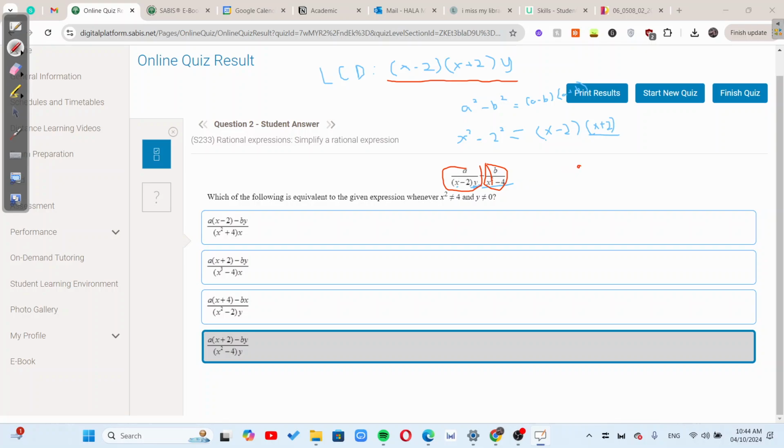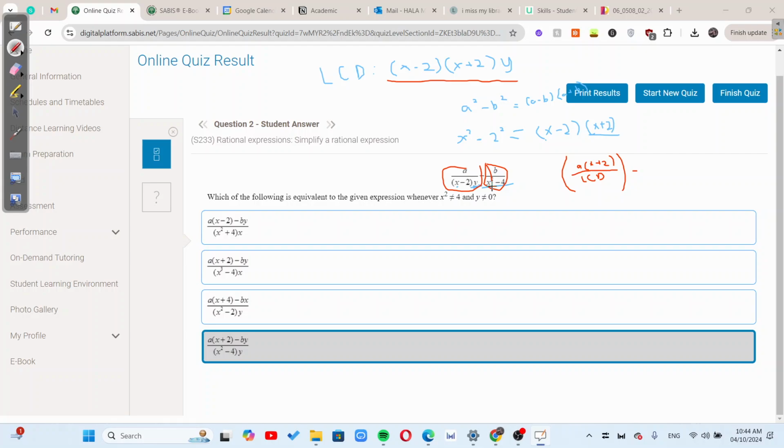So let's do it. x a into x plus 2 over this. Now, to save time, instead of writing this whole thing over your LCD, now you need to put the minus sign. Be careful, always make sure you put the minus sign, because later on you have to distribute this.